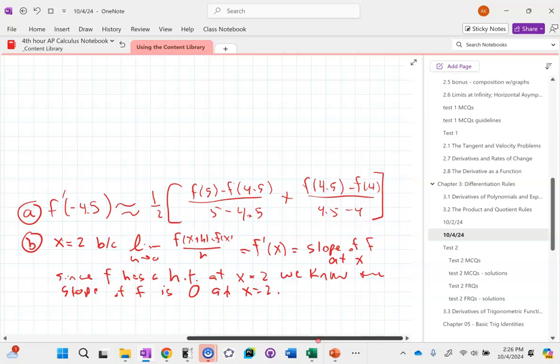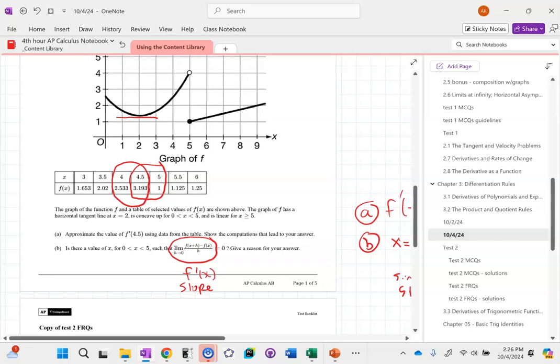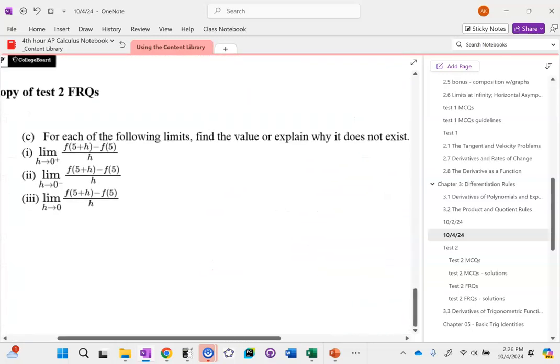Sound good there? Okay. And then the last piece says the limit as h approaches 0 from the left, the limit as h approaches 0 from the right, and the limit as h approaches 0 of the same thing, f of 5 plus h minus f of 5 all over h. When you read this, what is this? Yeah, this is just the derivative at 5, right?